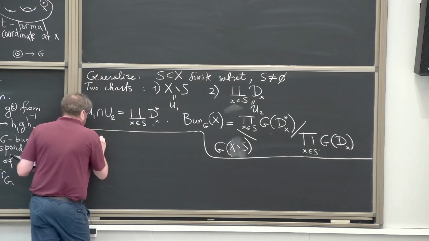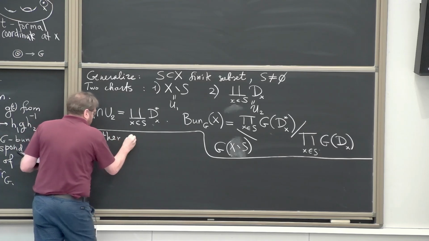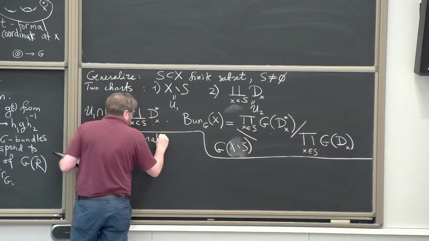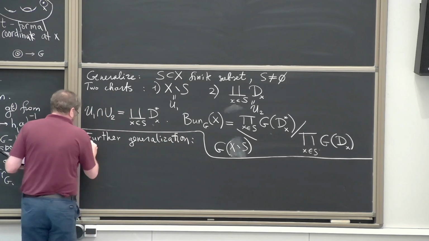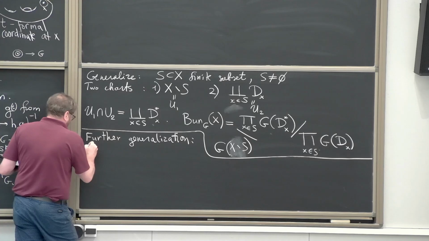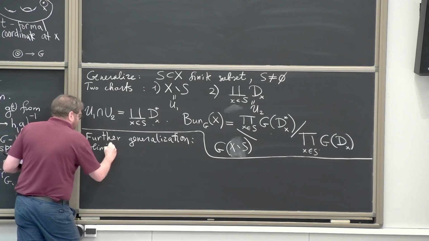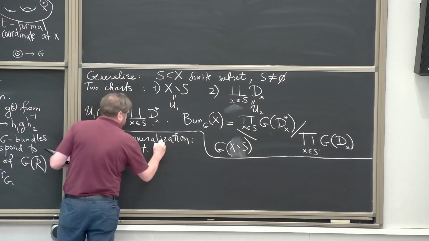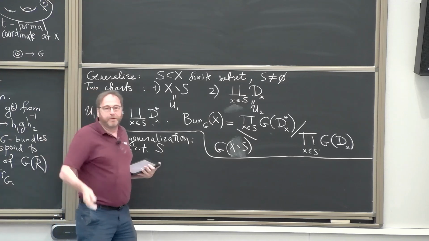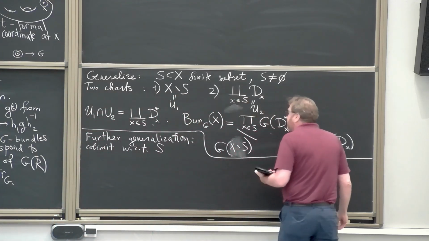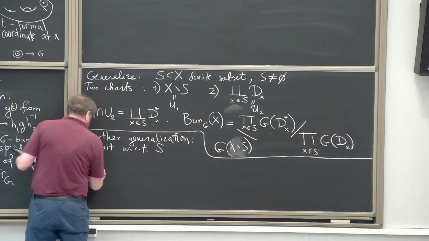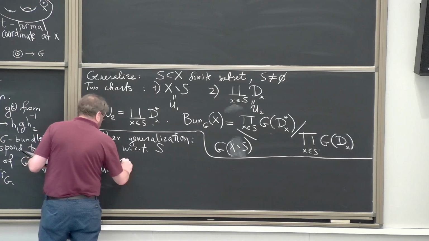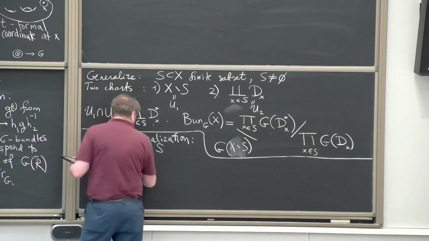So, further generalization: you can take a colimit with respect to this set S. So take a union over all finite subsets S. And what you will get is the following presentation. Bun_G of X will be the double quotient.